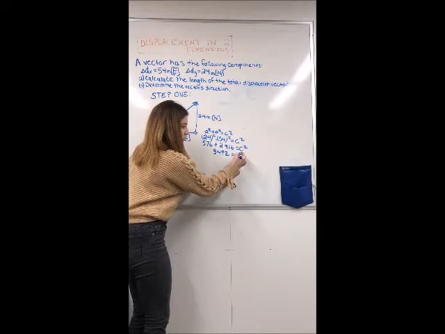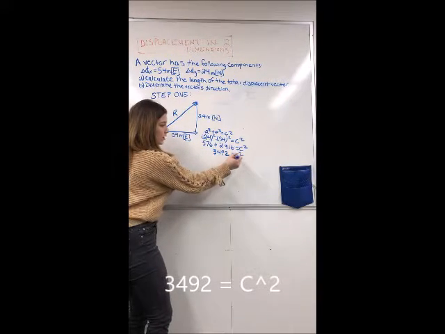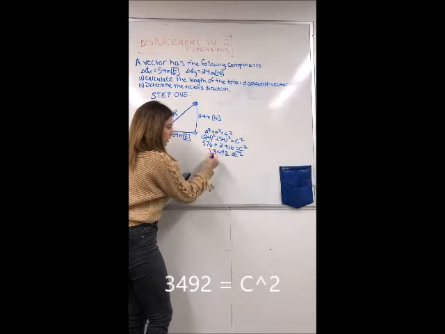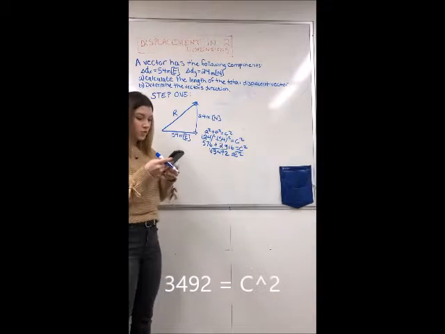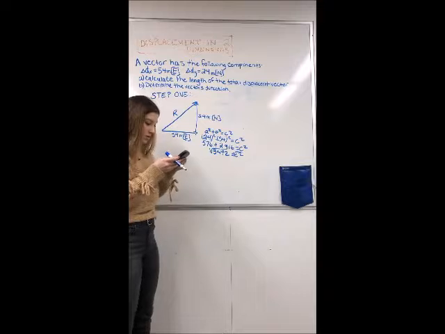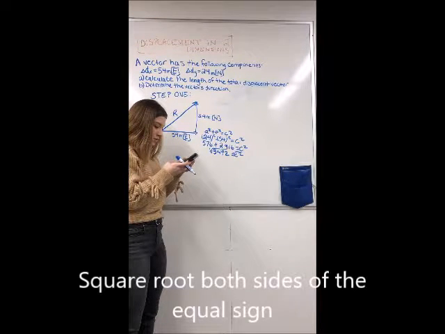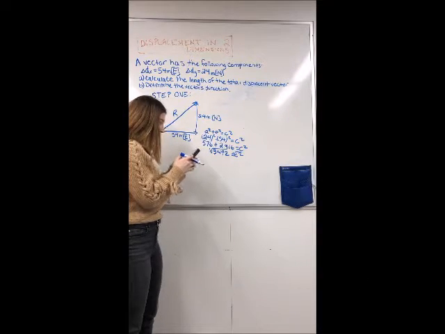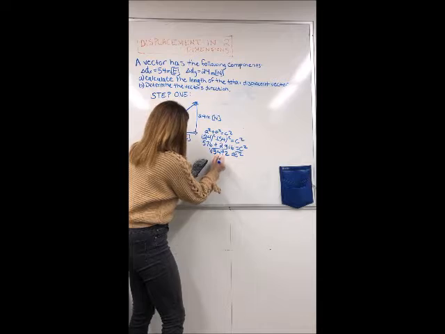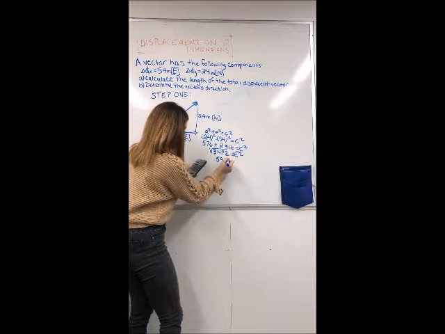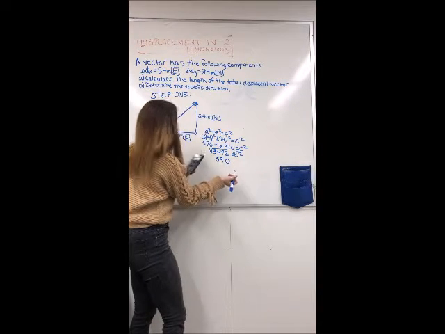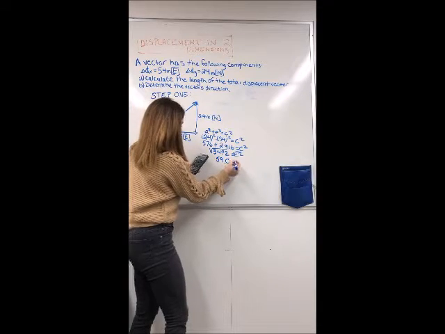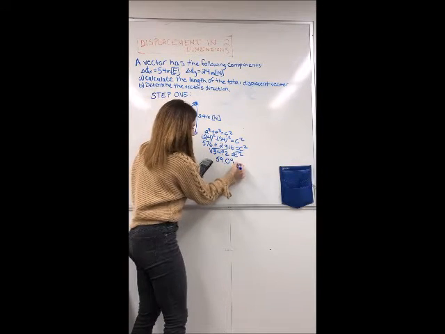When you add those two together, you get 3,492 equals C squared. And we want to get rid of that square by square rooting, getting 59.09 meters.